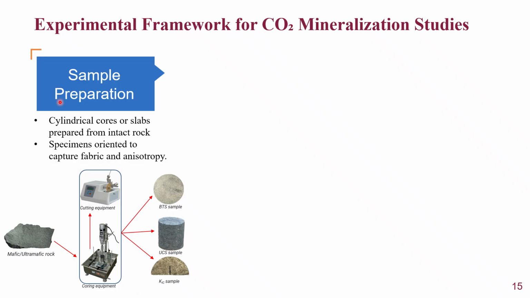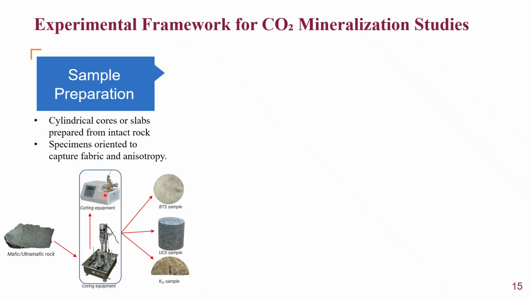So, as you can see here, you have an ultramafic rock, which is maybe from a quarry or an outcrop somewhere, and then it's sent to a coring machine, and cores are drilled out from this ultramafic rock sample.